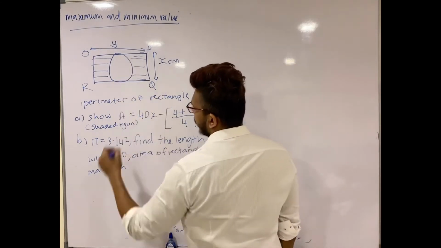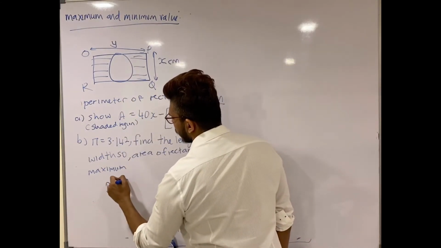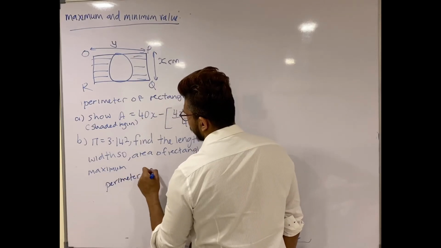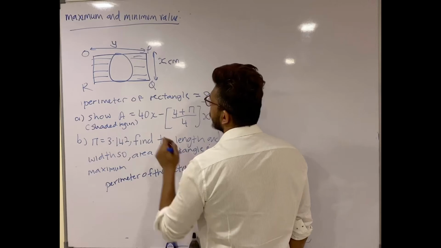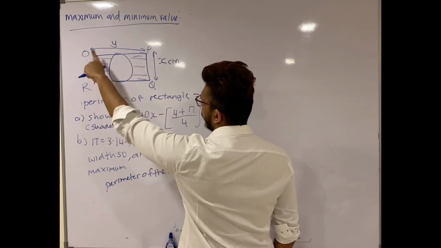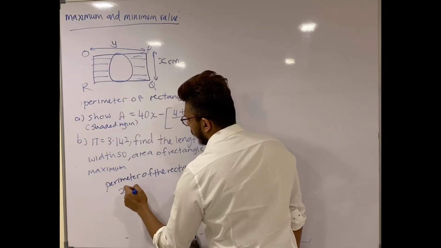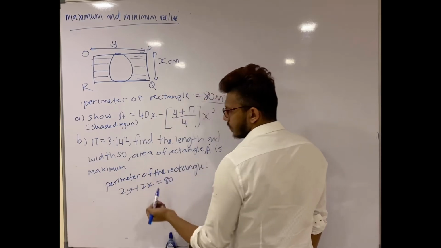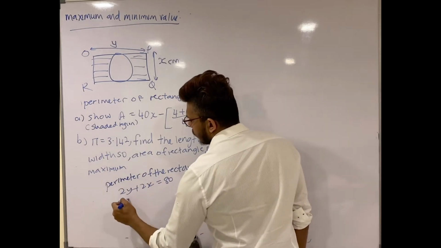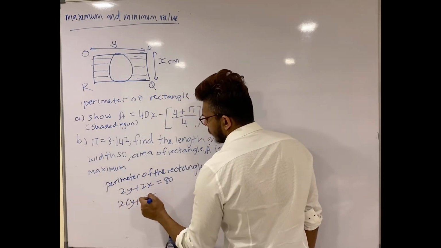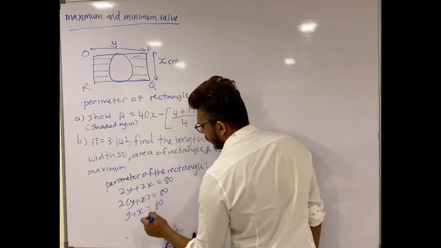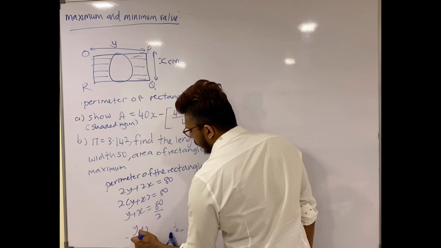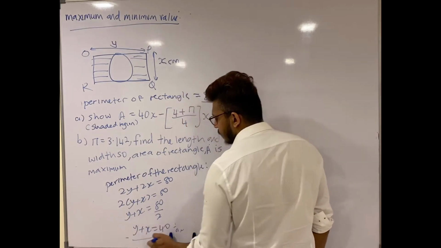So perimeter is going to be y plus x plus y plus x. So that is 2y plus 2x equals 80. Now I can take the 2 out. So y plus x is equal to 80 divided by 2, y plus x equals 40.